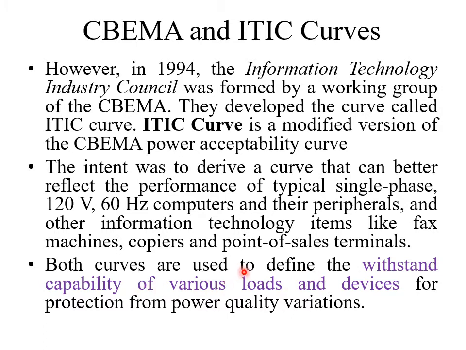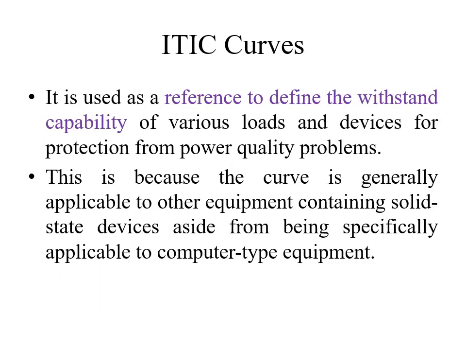Both the curves are used to define the withstanding capability of various loads and devices. The only difference is that the CBEMA curve was developed in the year 1970, and it was developed as the ITIC curve in the year 1994, and later it was revised in the year 2000 also. The ITIC curve is used as a reference to define the withstanding capability of various loads and devices in order to protect from power quality problems.